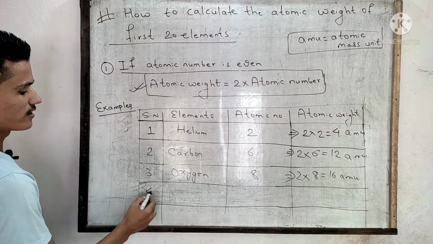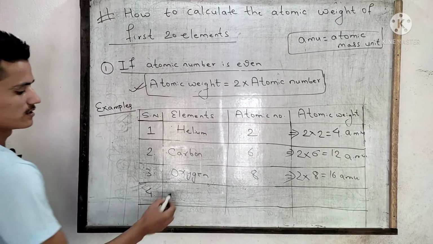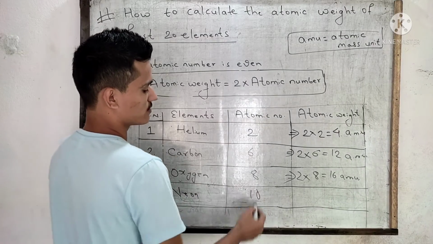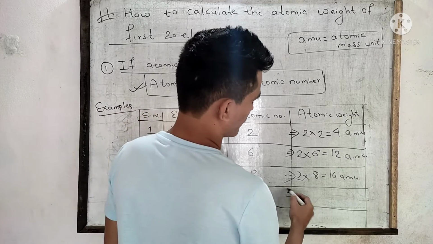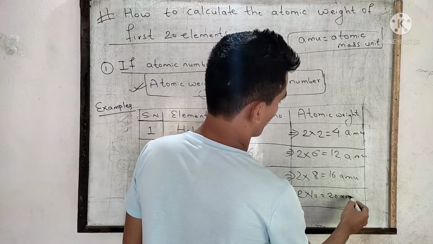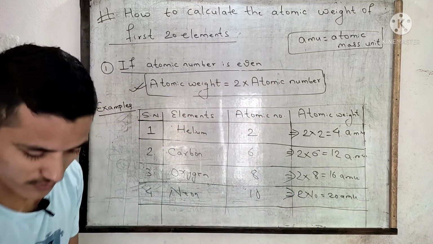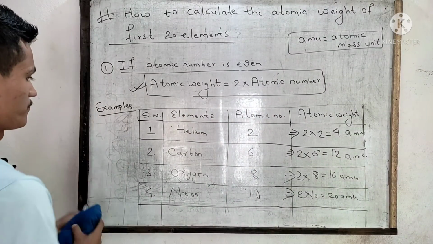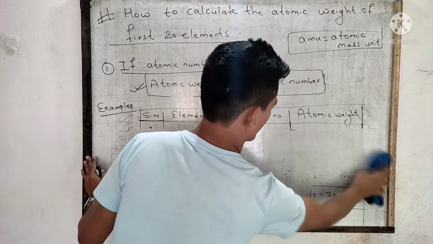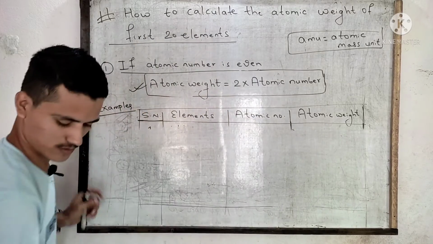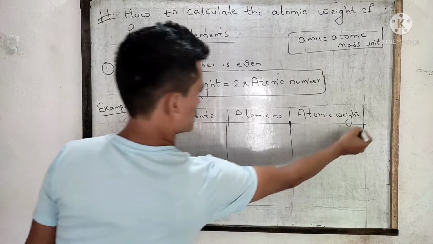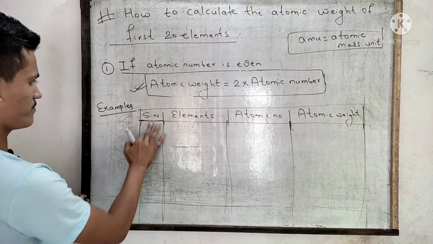Okay. After oxygen, neon. What is the atomic number of neon? Atomic number 10. Atomic weight will be 2 into 10, equal to 20 amu. Okay, we will look further. After neon, we will see the atomic weight of magnesium.